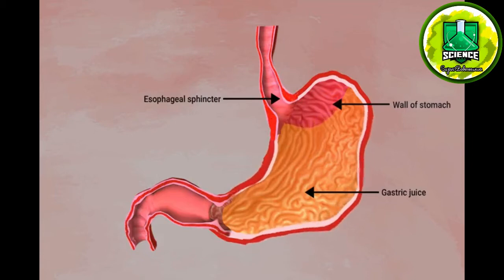Hydrochloric acid activates pepsin, and pepsin starts the protein digestion to produce polypeptides. Renin present in infants causes coagulation of milk.